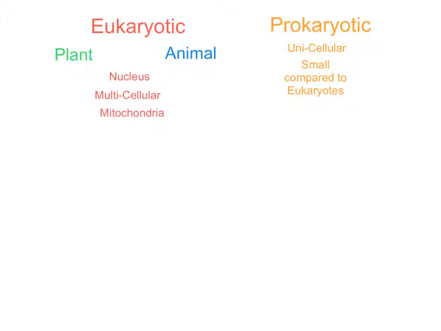So those are the three, and take note that these aren't all the qualities of the cells. These are just some of the important ones that I want to highlight, especially with this homework. So those are the similarities, what's different from eukaryotic and prokaryotic, but something that the animal and plant cells share.